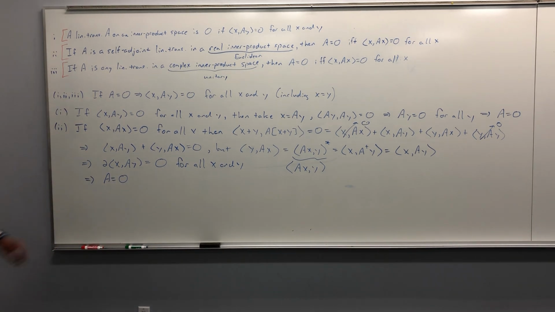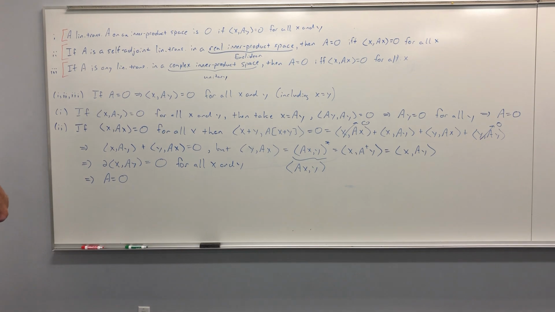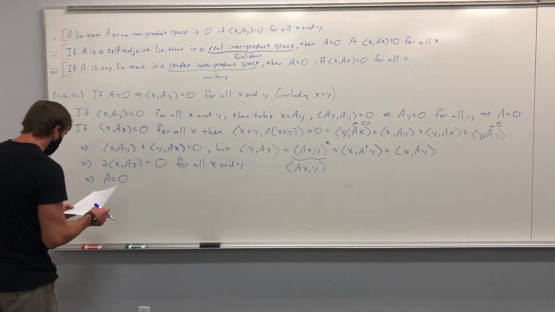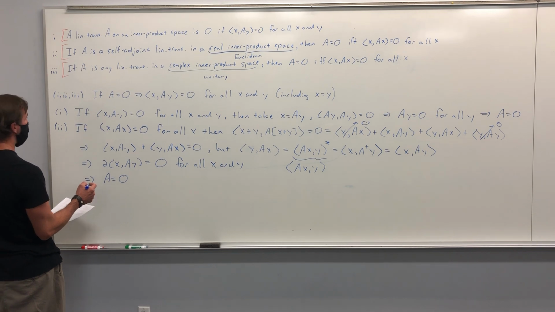But this means that if this is true for all x and y, then A is 0. But that's a condition that is obviously true. Okay? On board?